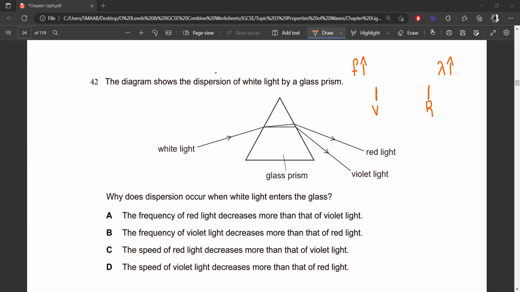So option A, the frequency of red light decreases more than that of violet light, and the frequency of violet light decreases more than that of red light. The speed of red light decreases more than that of violet, and the speed of violet light decreases more than that of red light. So there are two possibilities over here. When we work with the prism, we use the concept of refractive index, because this depth and this depth are different from the previous.